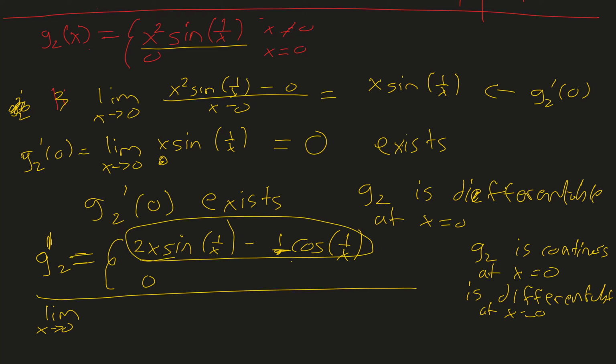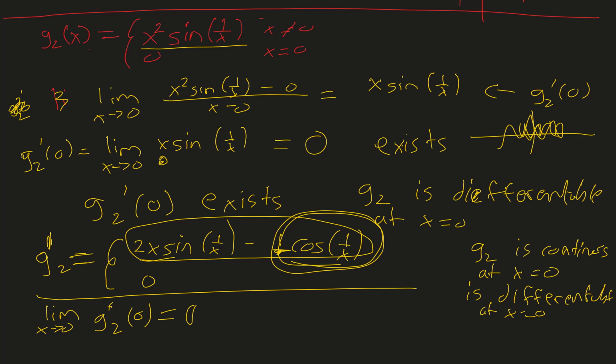But notice this cos(1/x), this function right here, it's again the troublemaker. It also has wild mad fluctuations at x equals 0, and the limit does not exist. So the limit of g2 prime at 0 does not exist.